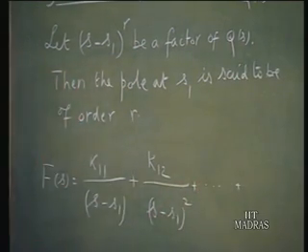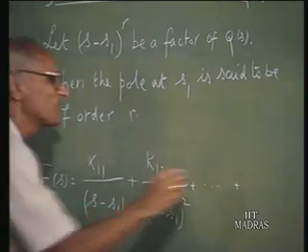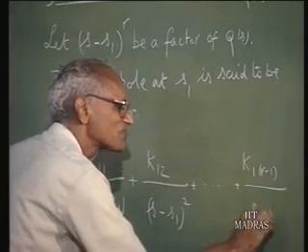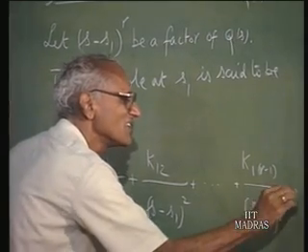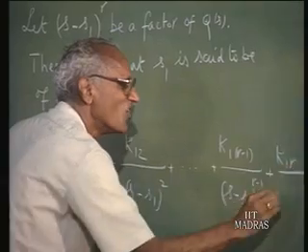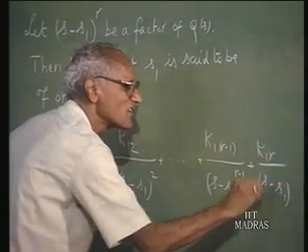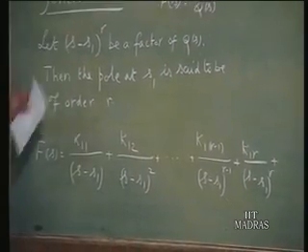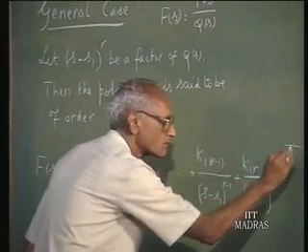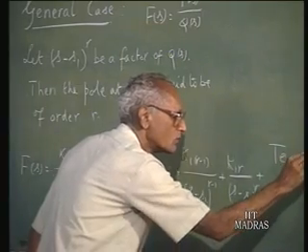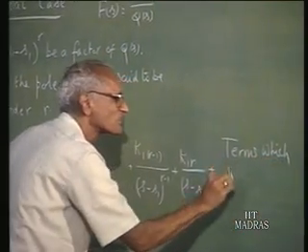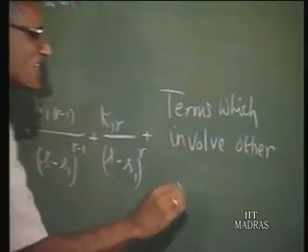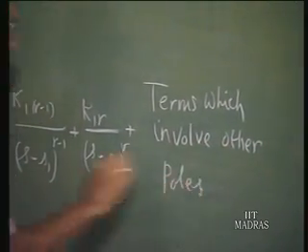So the denominator will have increasing powers of s minus s1, and finally you have k1(r minus 1) over s minus s1 raised to the power of r minus 1 plus k1r over s minus s1 raised to the power of r, plus terms which involve other poles, that is poles other than at s equal to s1.